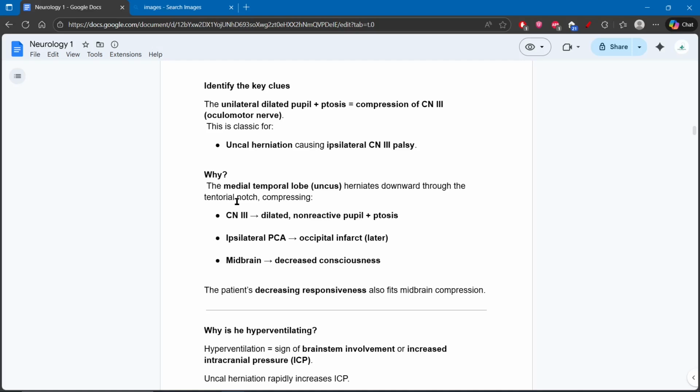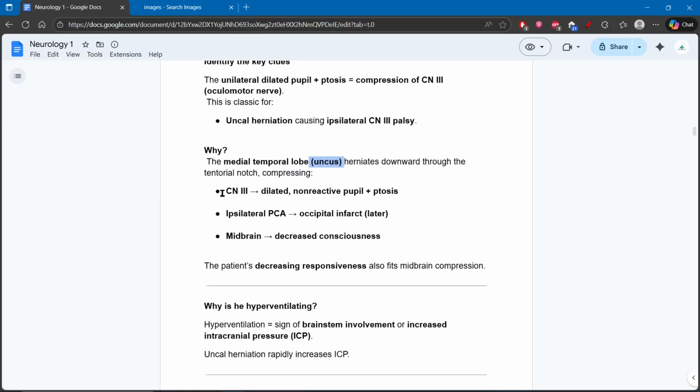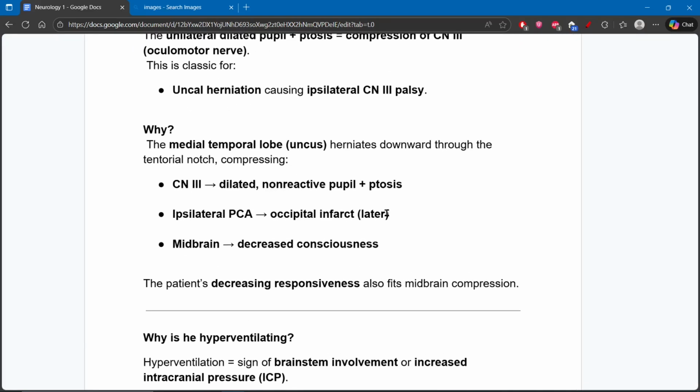Now, why does this happen? It's because the medial temporal lobe, or the uncus, as we better know it, herniates downwards through the tentorial notch and compresses the cranial nerve 3. What can also happen along with the cranial nerve 3 compression is that the ipsilateral PCA might be compressed and an occipital infarct can occur, although it occurs later.